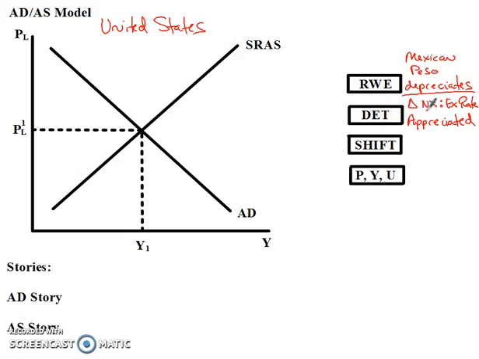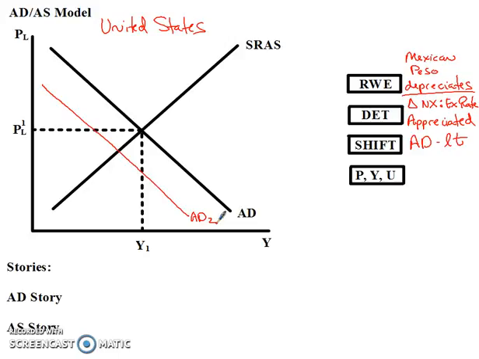So exports are going to go down, which will cause net exports to go down. All of that means the aggregate demand curve is going to shift to the left.